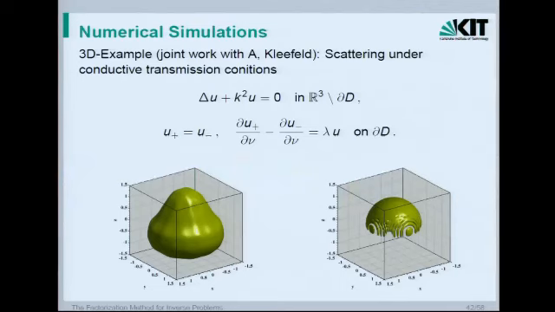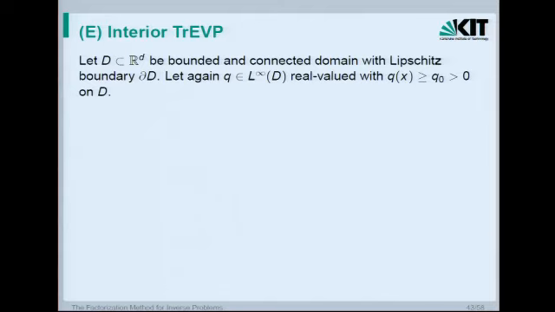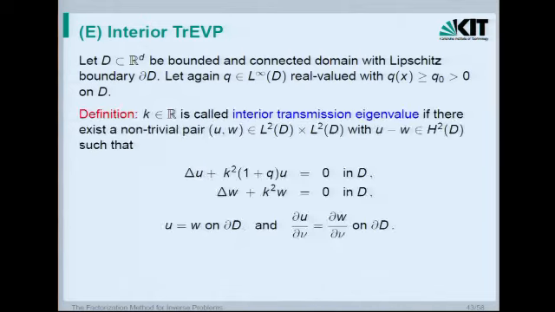Okay, so this was the factorization method, and briefly, for at least the last half an hour, I want to show you a little bit on this interior transmission eigenvalue problem. That came up as an assumption: k squared did not have to be an eigenvalue of this interior transmission eigenproblem.